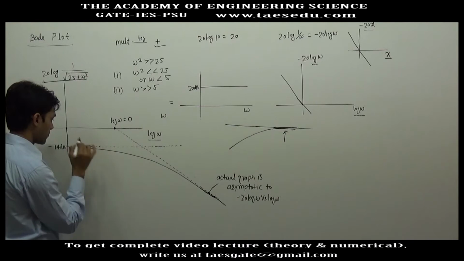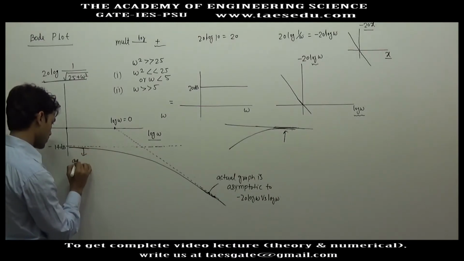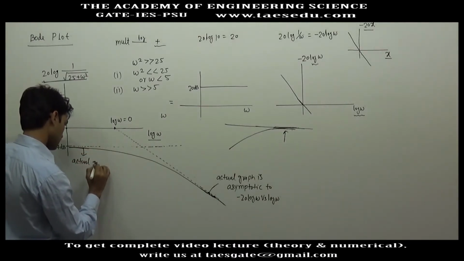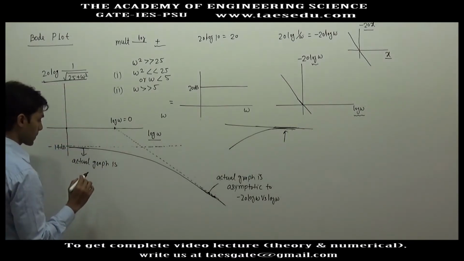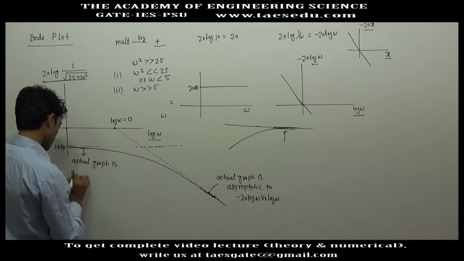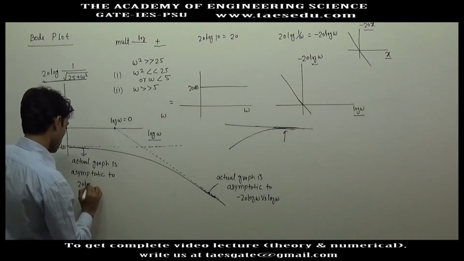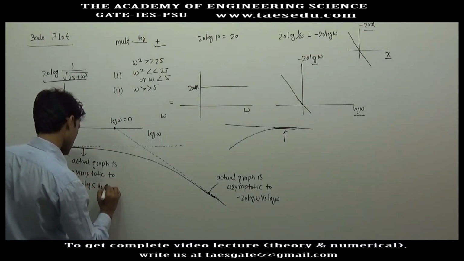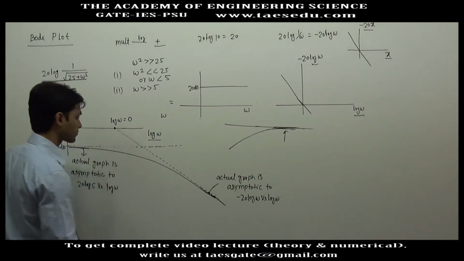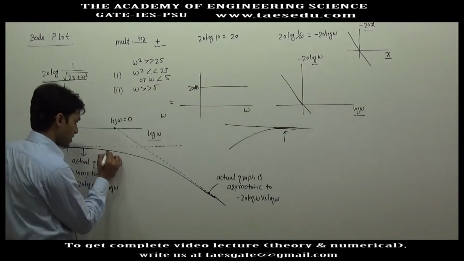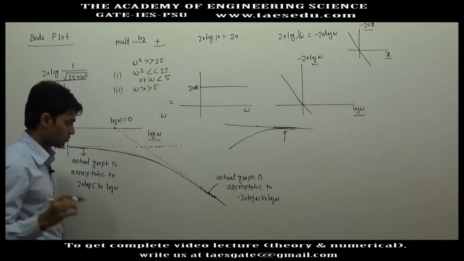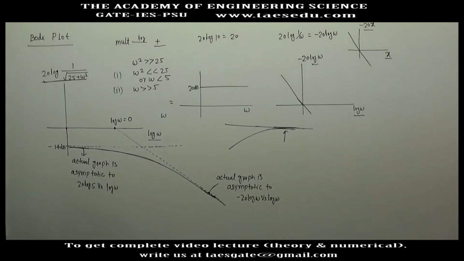How is the actual graph here? Here the actual graph is asymptotic to the 20 log 5 versus log omega graph. So this is the actual graph, but as I said earlier, in a Bode plot we don't get the actual graph.